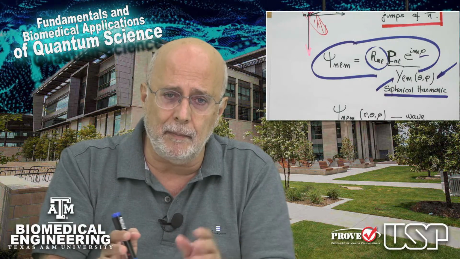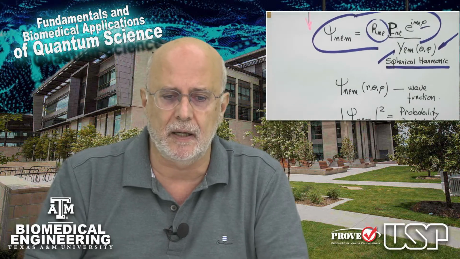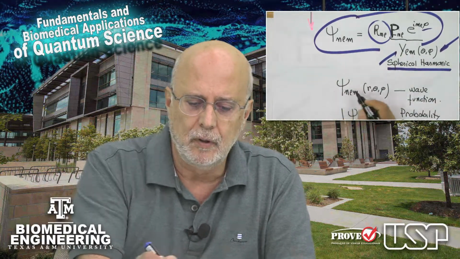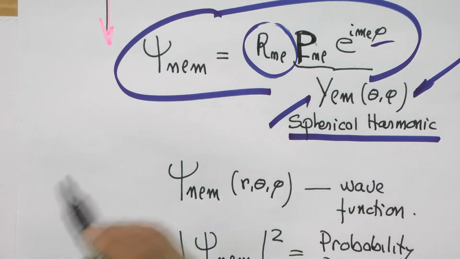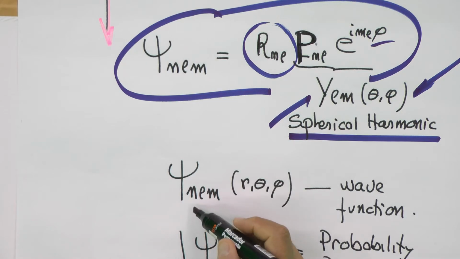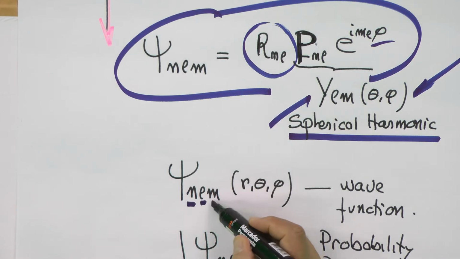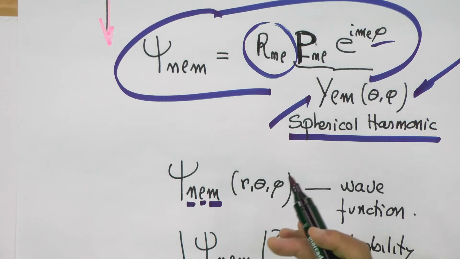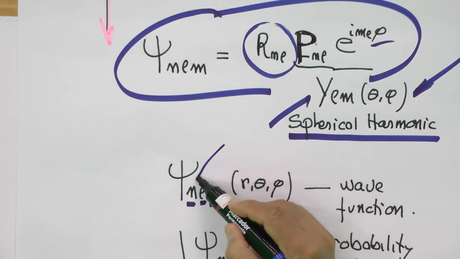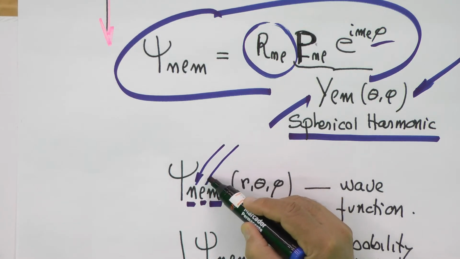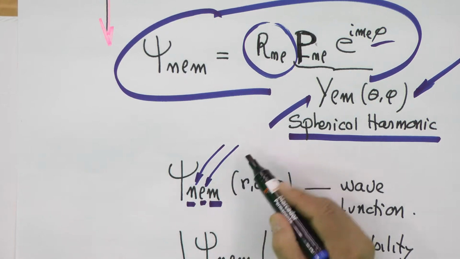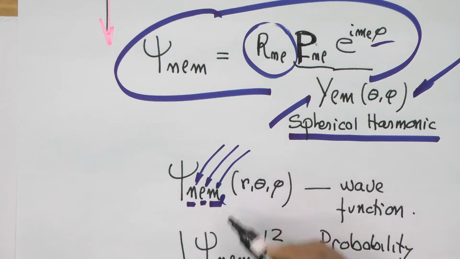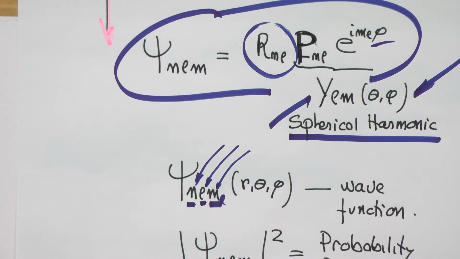As a summary of the solution of the one-electron atom, we have a spatial wave function that exists only for a few numbers, the quantum numbers, and the state or wave function is fully characterized if we know the principal quantum number, the orbital quantum number, and the magnetic quantum number.